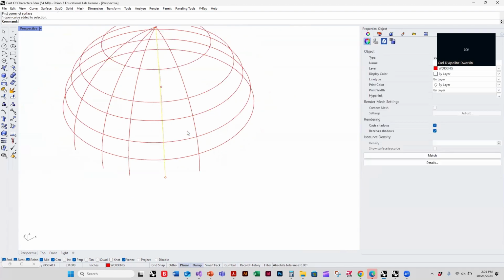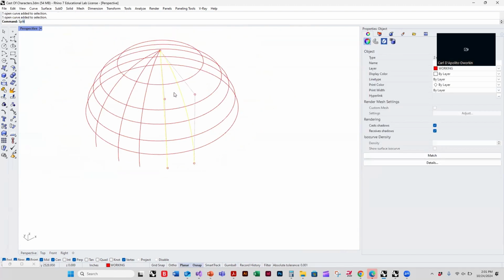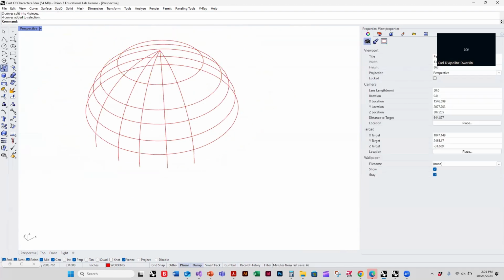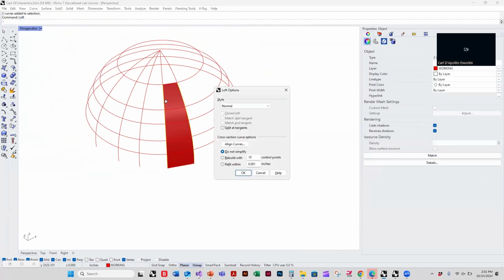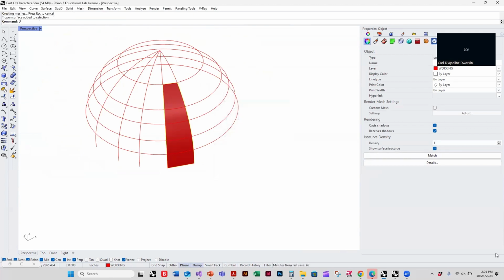So if I loft between these two, this right here is a plane. So in the limit, that as a ruled surface with straight sections is developable. That's the developable surface. So you can discretize a sphere with a series of developables radially.